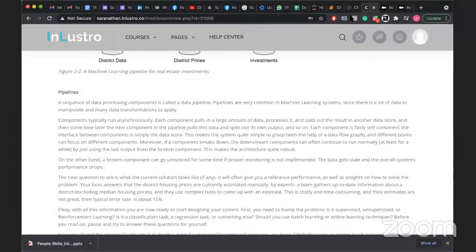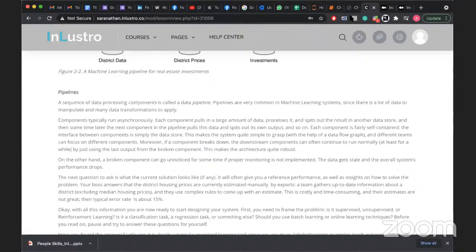Vaishnavi Devi, can you unmute and answer? Is this a supervised, unsupervised, or reinforcement learning task? Sir, it's supervised. Sir, we are giving the data and also the labels corresponding to this. Very good. That's right. It's supervised. Good. Next thing.